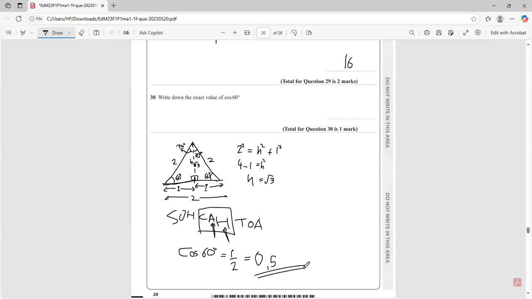This triangle can give you sine of 60. It can also give you tangent of 60. That's the advantage. So if you find it easy to remember cos 60, you may not be so lucky for sine 60. So this triangle will really help you. And as a fringe benefit, it also gives you all the SOHCAHTOA for 30.